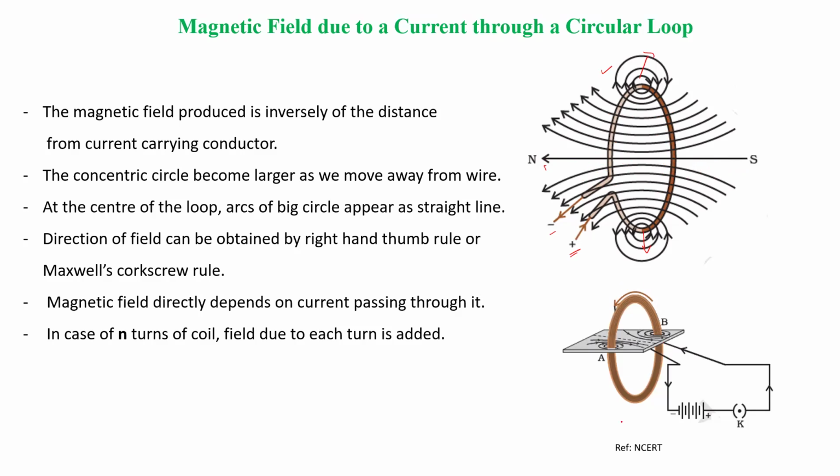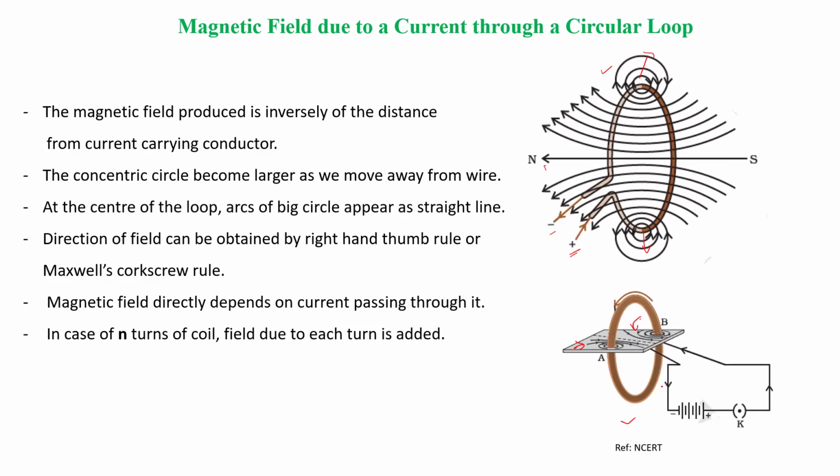Now here we have another setup. If current flows through this coil, again the direction of the magnetic field is shown here. Again you can apply the right hand thumb rule here, and on the basis of that we can see the direction of the magnetic field. Here at point A it is in this direction, at point B it is coming in this direction.